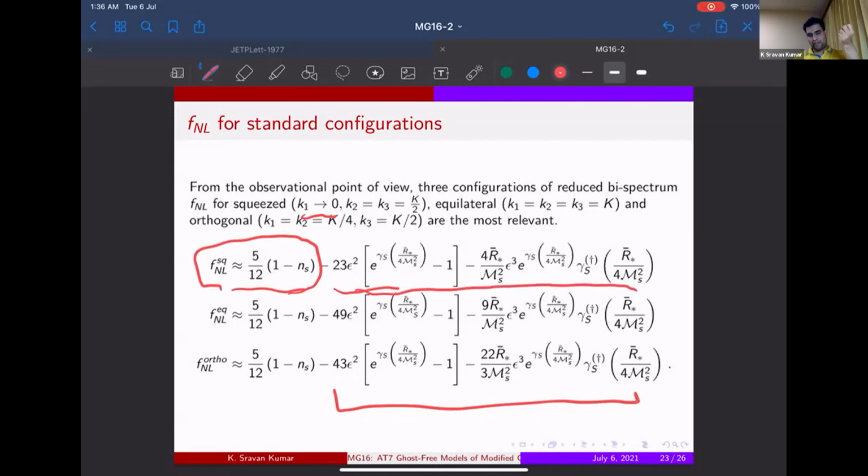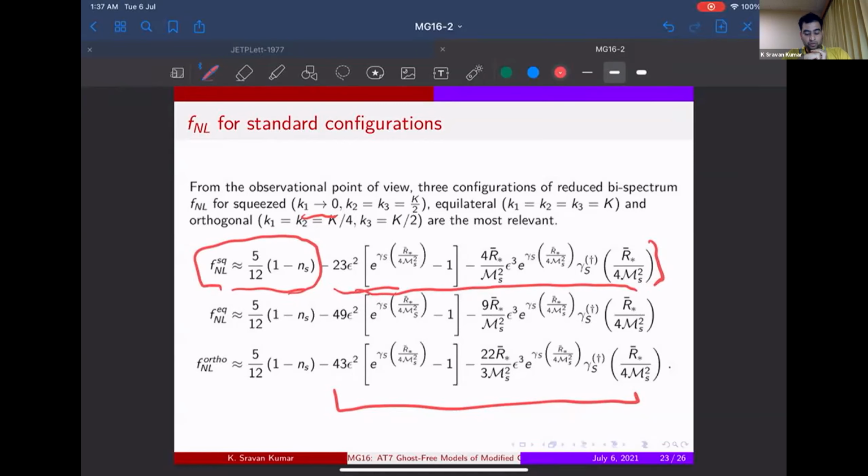And this is a new effect. Remember, we have only one scalaron in the theory, but still we have produced, thanks to the non-locality, additional corrections in this f_NL squeezed limit. And this is a counterexample, and this basically evades all the known theorems that violation of Maldacena consistency relations necessarily requires multi-field.